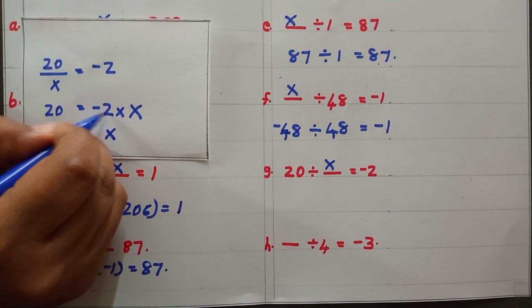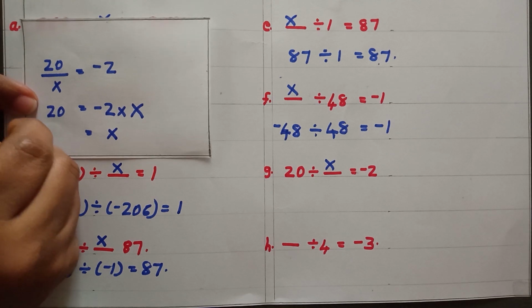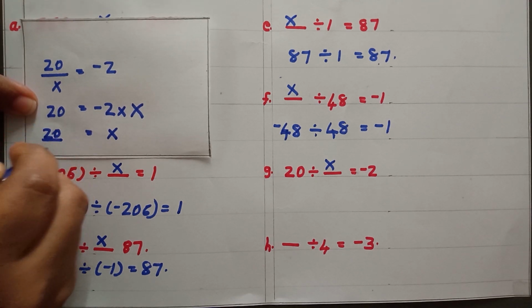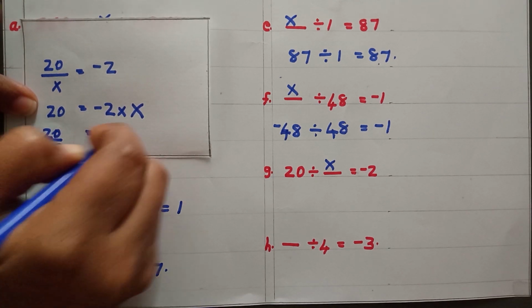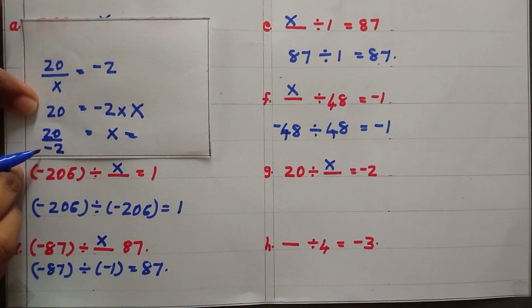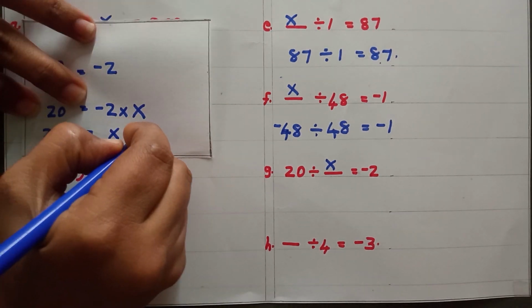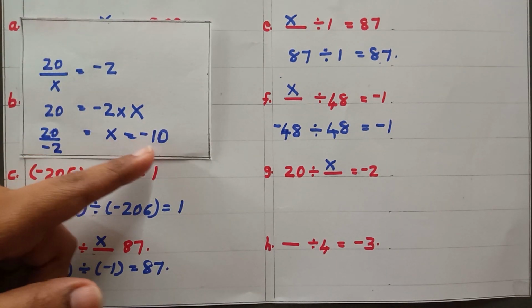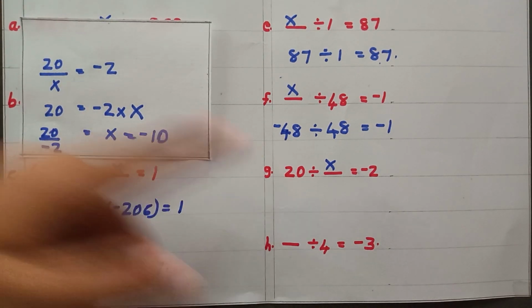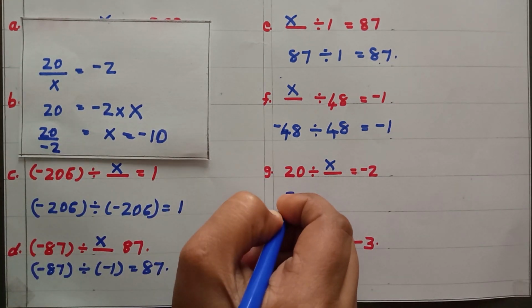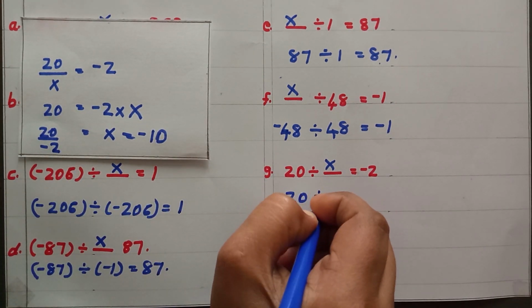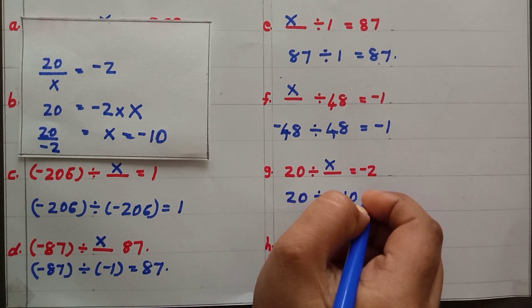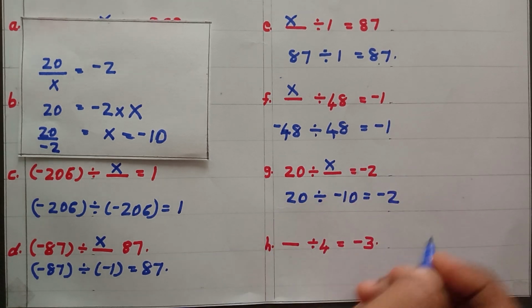Then take this minus 2 to this side. Then 20 divided by minus 2. 20 divided by minus 2, what is the value? Minus 10. So value of x is minus 10. So 20 divided by minus 10 equal to minus 2.